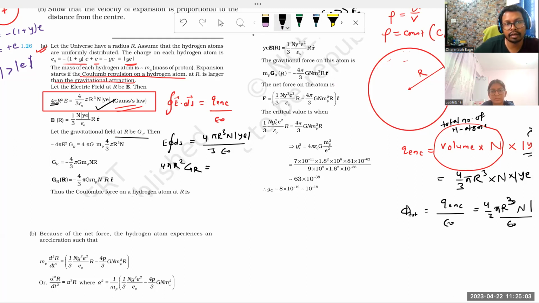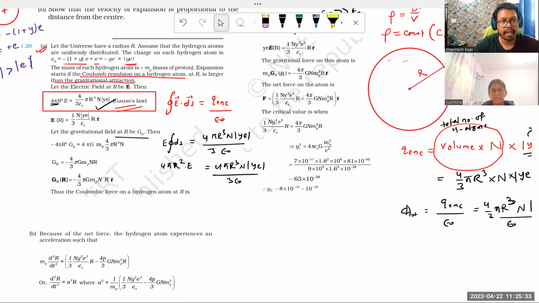Okay, this E, no, electric field, sorry, my mistake. So electric field is equal to this thing. From here you can get the electric field. I hope you got it right. 4 pi r cube n e divided by 3 epsilon naught. This much you got it?